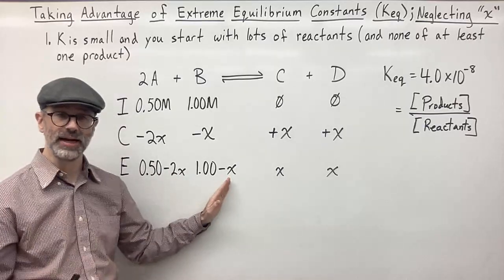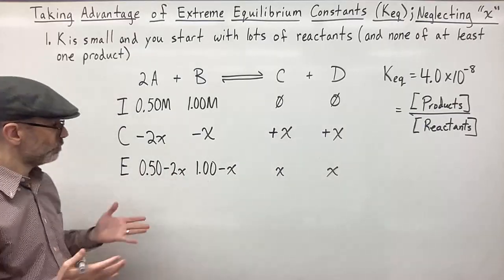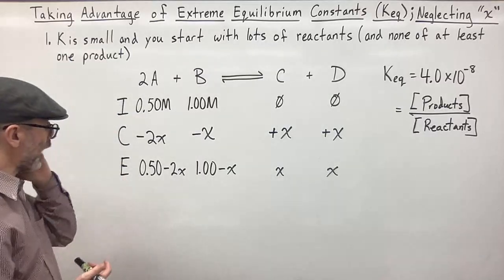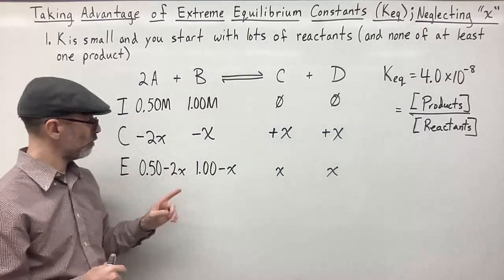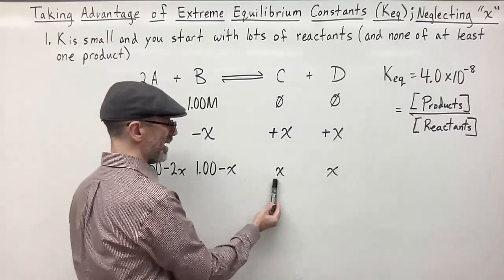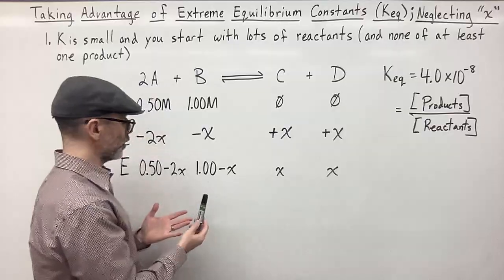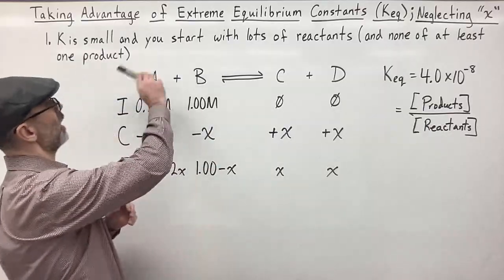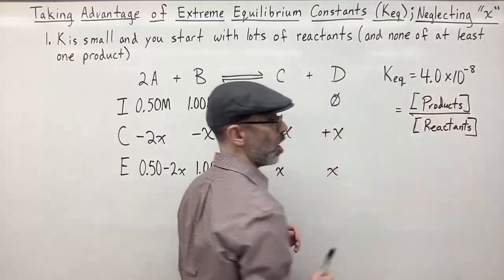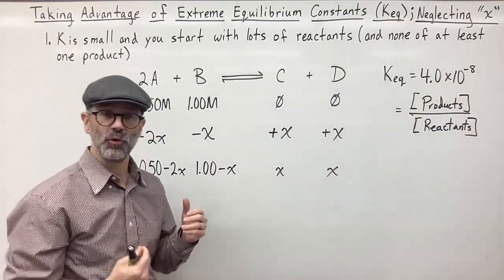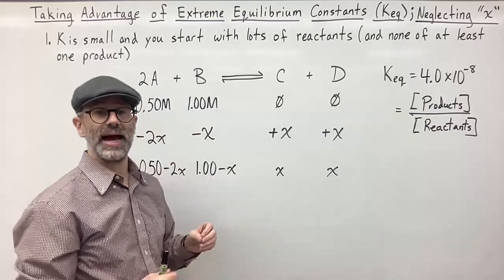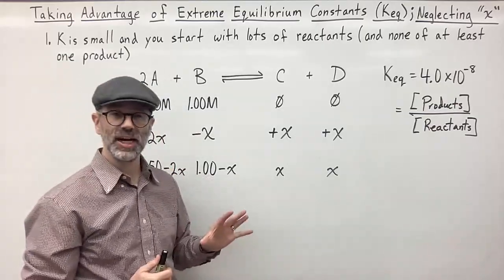So now that I have the expressions here, let's go back and remind ourselves that we're trying to find out how much x is at equilibrium. And given that we have a very small equilibrium constant, that means that reactants are favored.